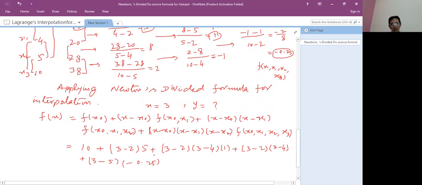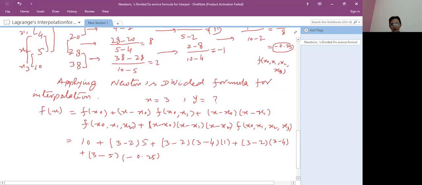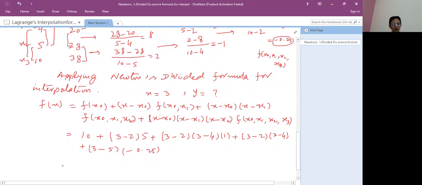It is f of x naught, x1, x2, and x3. So we will put these in and find the solution. When we apply the calculator, student, x is 3. Then f of 3 is 13.5.